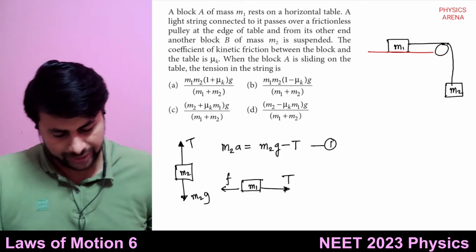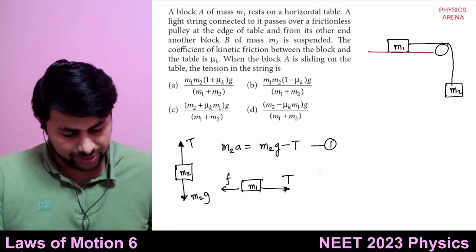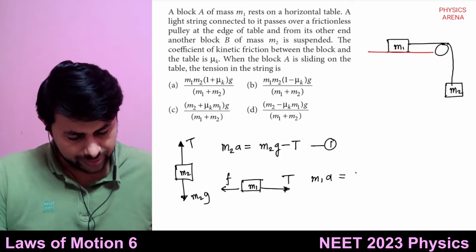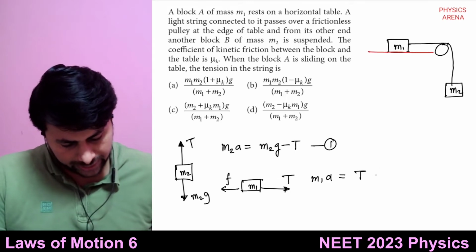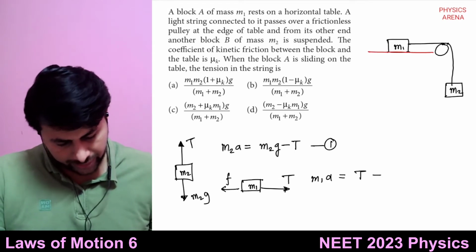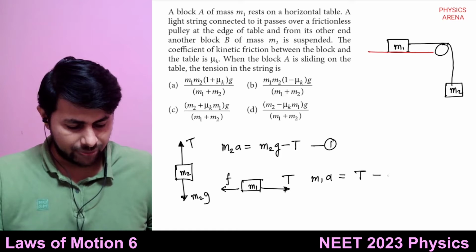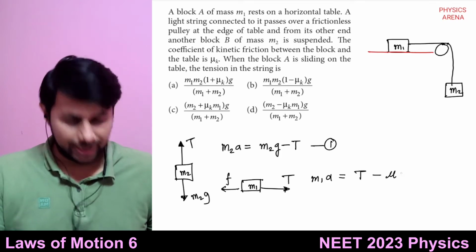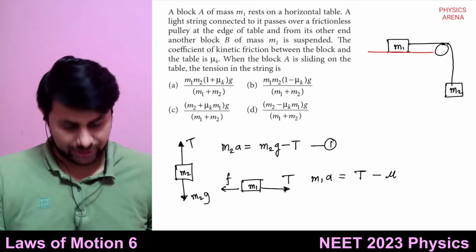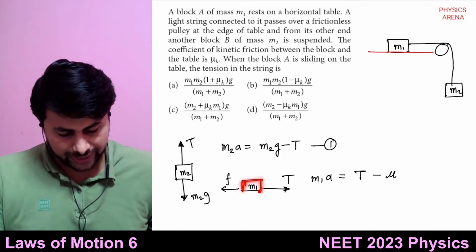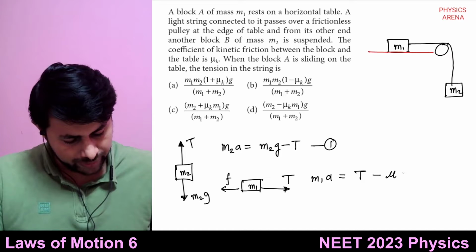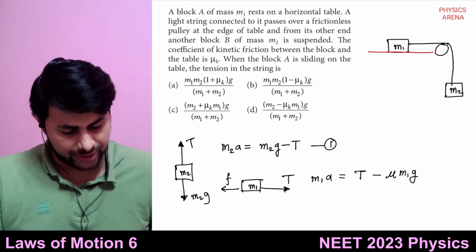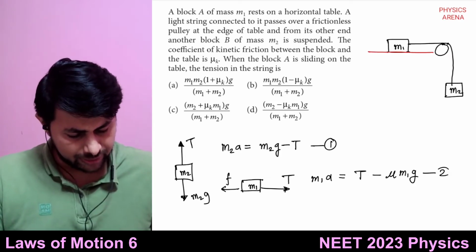So the net force is m1 times A. You can say m1 times A is equal to tension in the string minus the frictional force. And how much will be the frictional force? Mu multiplied by the normal reaction. And how much will be the normal reaction? It's equal to its weight. So mu multiplied by m1 times g. This is equation number 2.